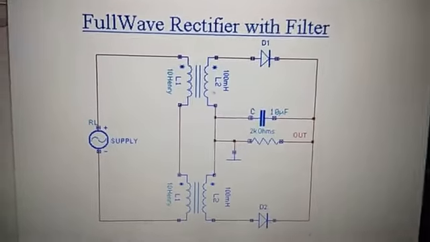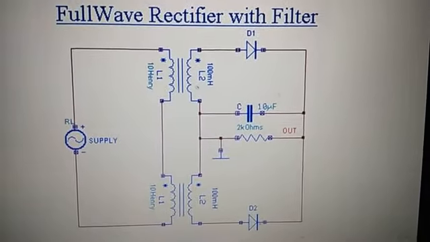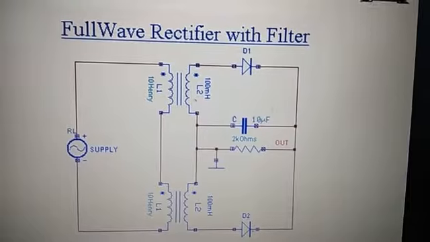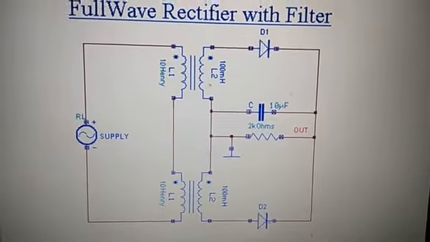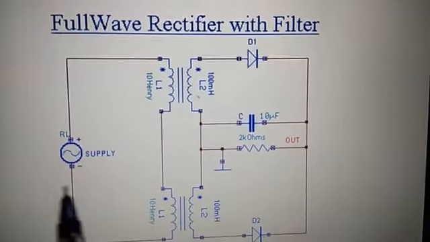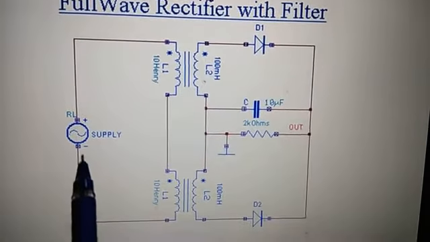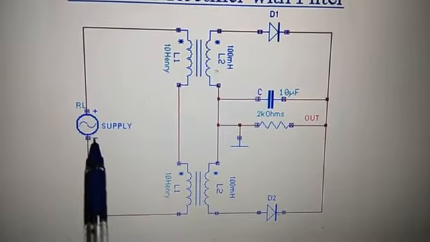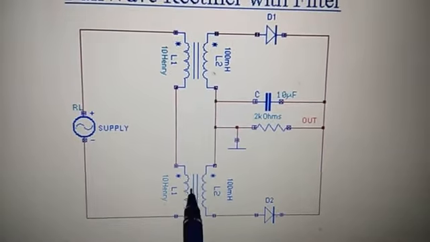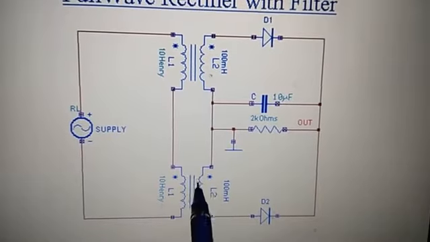Full wave rectifier with filter. This is the diagram showing how the filter is connected; later on we will discuss the parts of this diagram which we have already seen. This is the full wave rectifier. This is the 230 volt 50 hertz supply which is applied to the transformer. Here two parts of the transformer are shown.